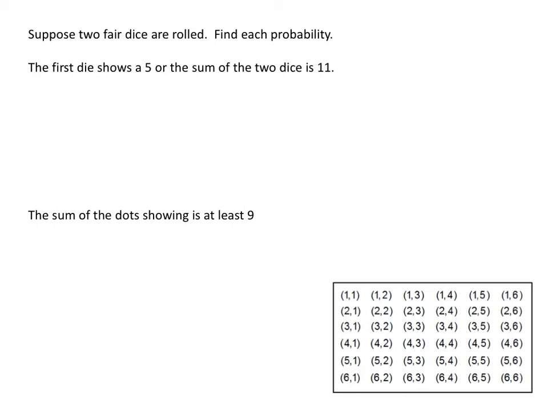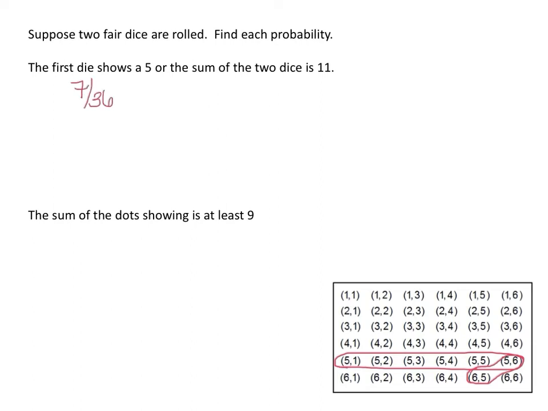Well, the sum of 2 dice being 11, that's easy. They're listed right here. There are 2 of them. Now, how about the first one being a 5? Well, that's this row right here. Easy enough, we can just look at this. 5, 6, 7. So we've got a 7 out of 36 probability.